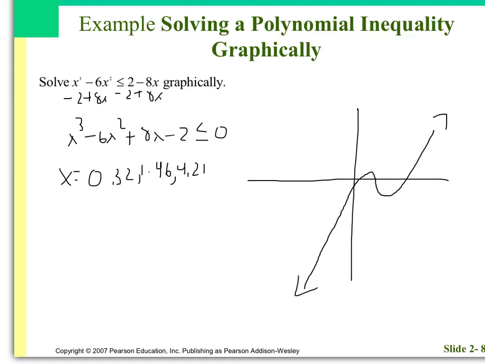So if you look here, starting at the first 0 and below, I go negative infinity to 0.32, but this time it can equal it because it's less than or equal to 0, union the other range, which is between the two zeros. So I go 1.46 to 4.21.